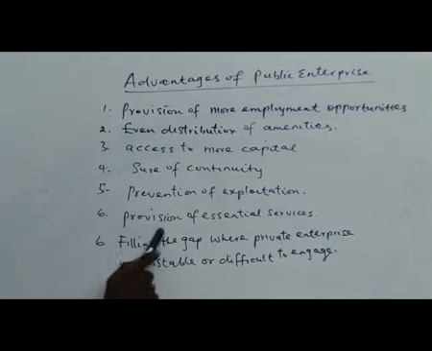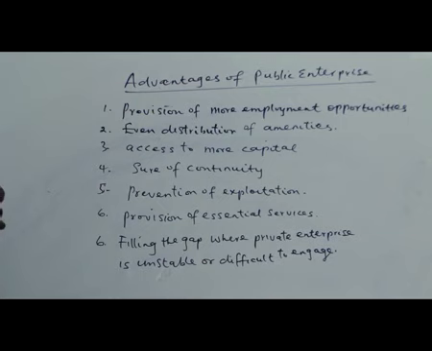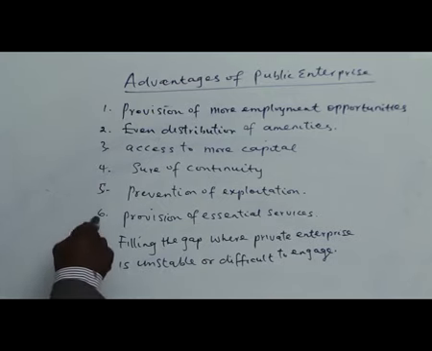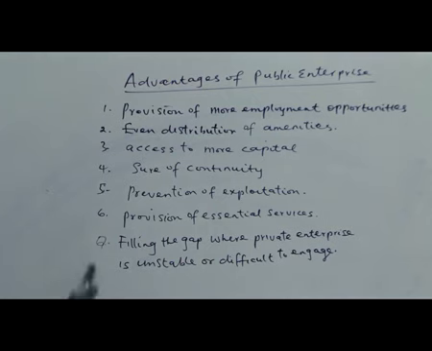Number six, provision of essential services. Private enterprises cannot provide essential services that are needed by the public, but government can do that because it is the responsibility of government to see that the people are provided with essential services such as education. Another one is a good road, and so on and so forth.